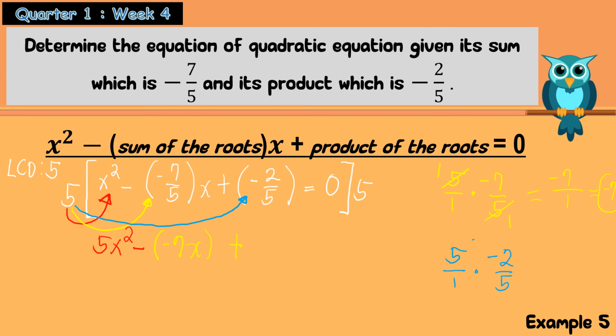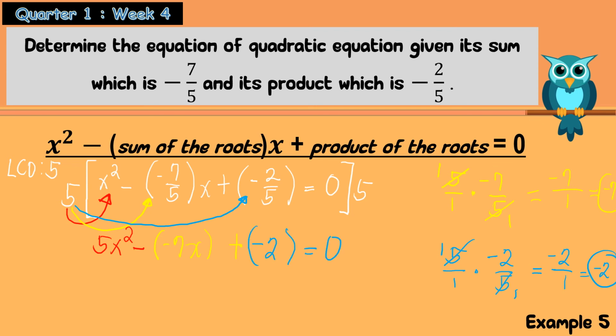So the same thing, 5 and 5 become 1. 1 times negative 2 is negative 2. 1 times 1 will give us 1. So whenever we simplify, this will now become negative 2 equal to 0.